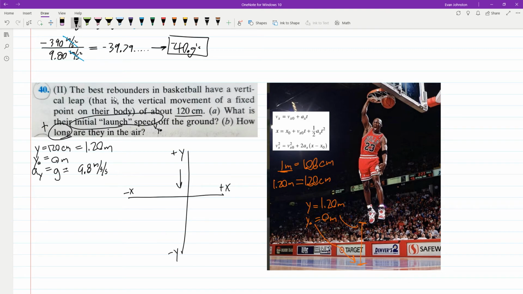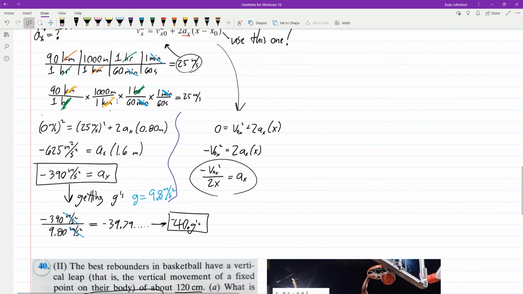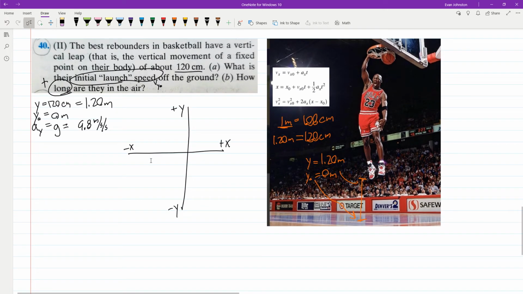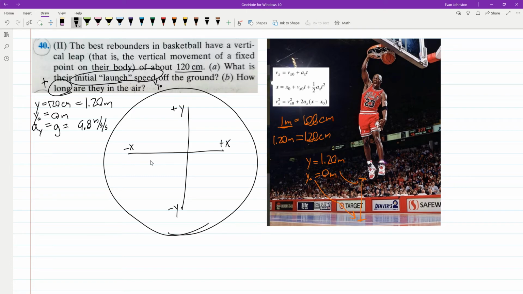Remember back to that earlier video, we talked about vectors. Acceleration is a vector, so it has a direction. And in the past, we've looked at all these, and we got some negative accelerations. We've gotten positive accelerations. Well, for this case, we have to keep in mind that as long as we're kind of framing this in the way that's intuitive, gravity is going to be acting in the negative direction.